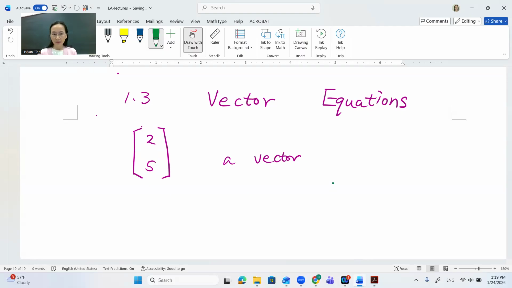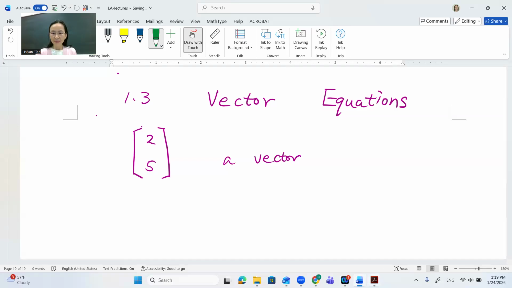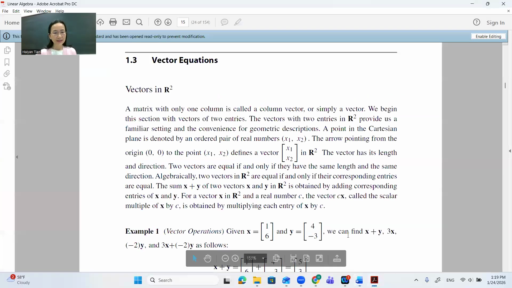And so each entry is a real number. It's very, very simple to look at. So now we can just see the operations. Operations is that we can do addition. We call it sum of two vectors.